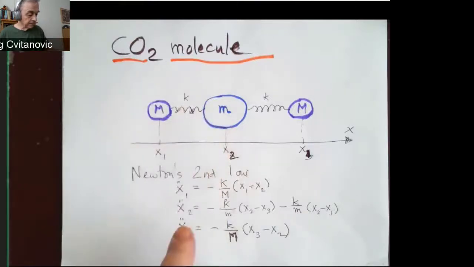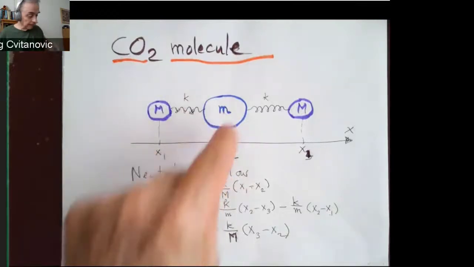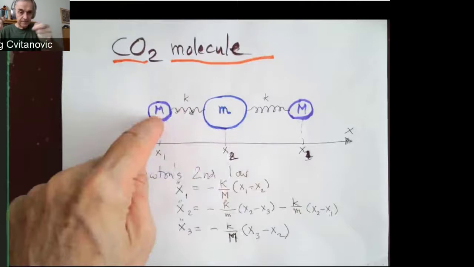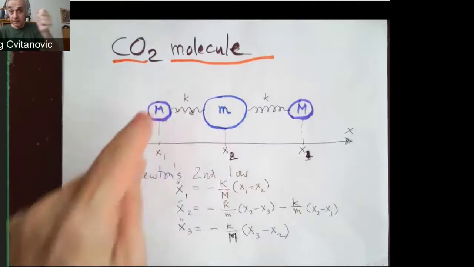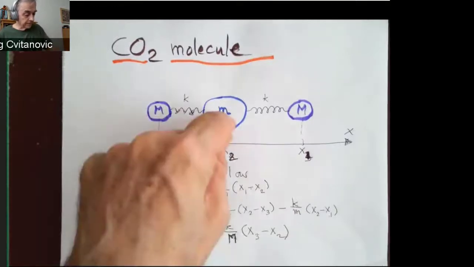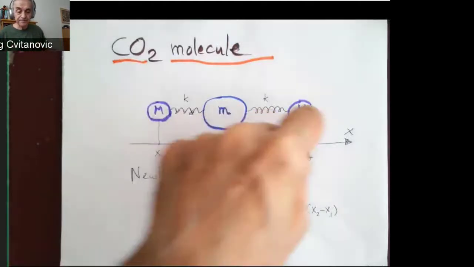The guy in the middle has its little mass m, and it interacts with the particle on the left by stretching, and the particle on the right by stretching, and the right particle, oxygen, interacts with carbon by stretching. So that's our system.